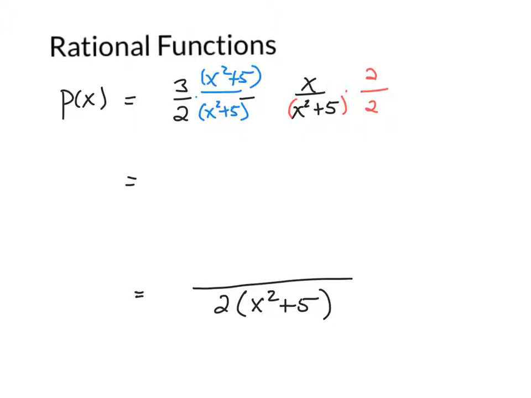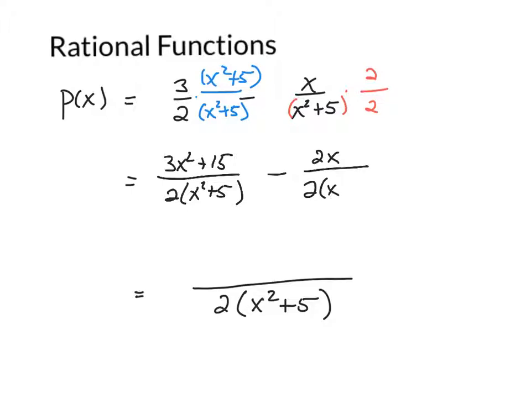My first fraction right here, so what I'm going to do, I get 3 times x squared plus 5, so that's 3x squared plus 15, all divided by 2 times x squared plus 5, minus, right, minus over here, so I get just 2x in the numerator and a 2 times x squared plus 5 in the denominator.